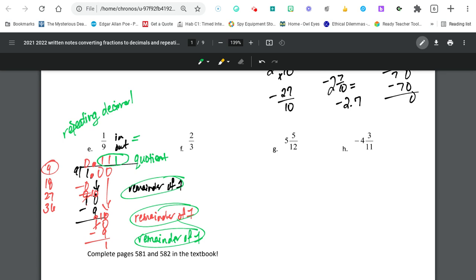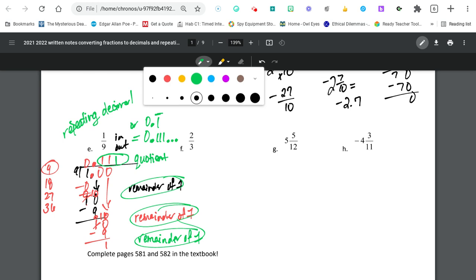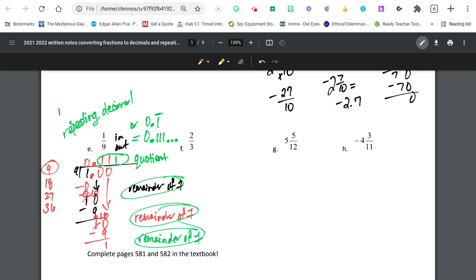In a repeating decimal, the remainder repeats and the numbers in the quotient repeat. So instead of writing all these ones, I could just write 3 of them and put ellipses, which means and so on. Or I could just write one of the digits that's repeating, and the only digit that's repeating is the 1, and use bar notation. Express it either way.